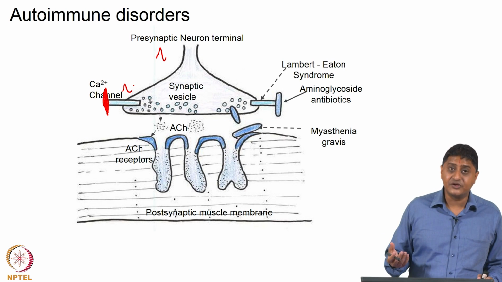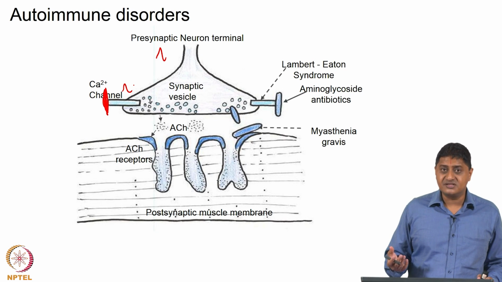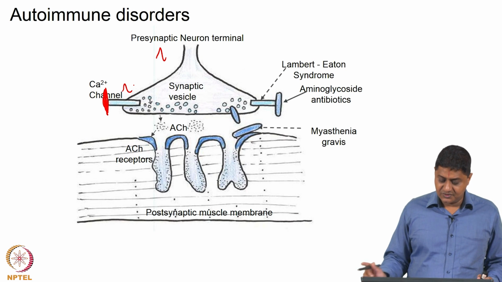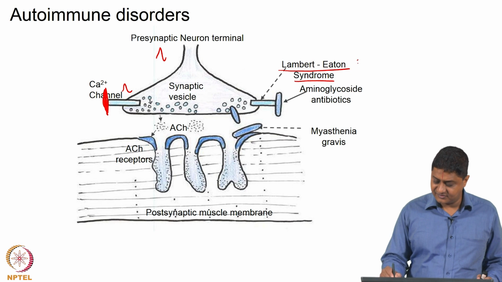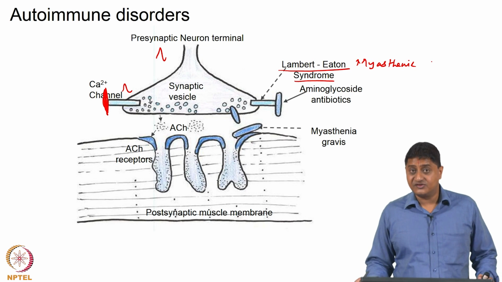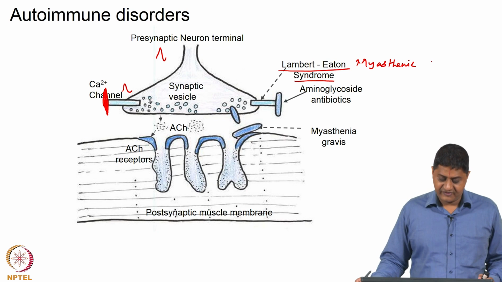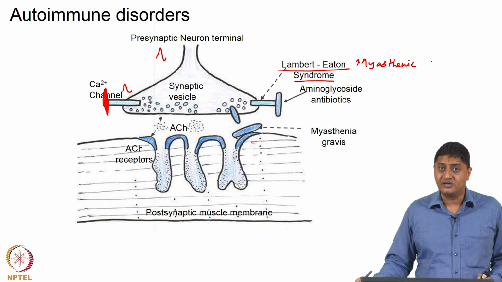Essentially acetylcholine will not be released. The effect is weakness and inability to perform voluntary movements. This situation is called Lambert-Eaton myasthenic syndrome. It is due to blockage of calcium channels by the immune system in an autoimmune disorder.